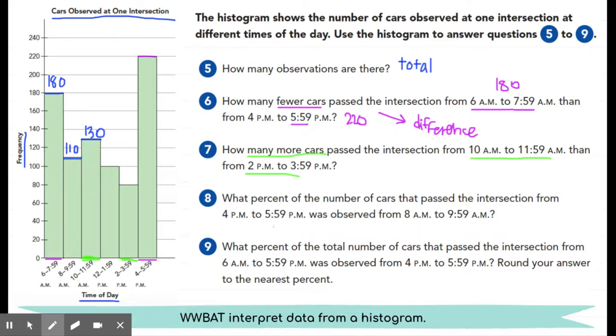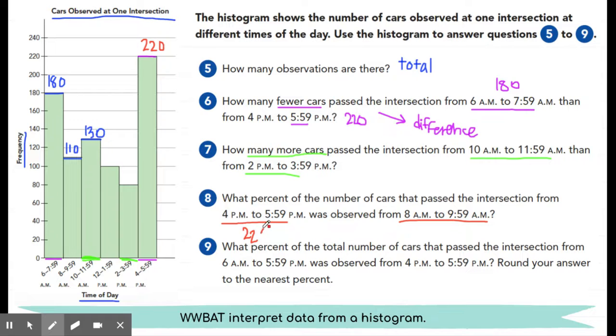Number 8, what percent of the number of cars that passed the intersection from 4 p.m. to 5:59 p.m. was observed from 8 a.m. to 9:59 a.m.? So you have to find out how many cars passed from 4 to 5:59, and the answer is 220. And the amount of cars that got observed from 8 to 9:59 is 110.